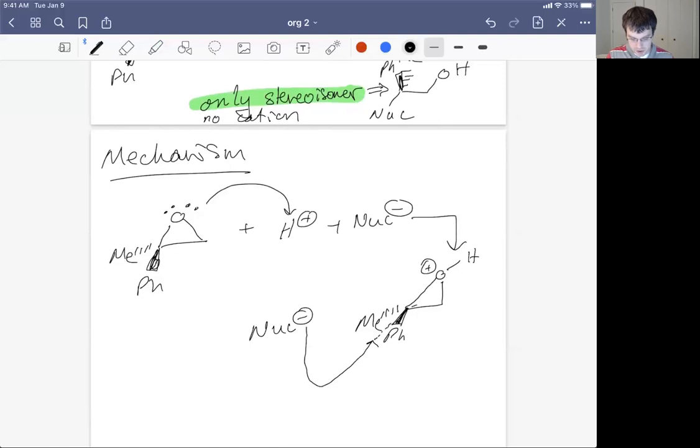So it's going to kind of squeeze in here and push that bond up. Okay, that's sometimes hard to picture. So what I do instead is I go sweeping underneath, and I make sure to always crawl underneath the two groups that are shown as a wedge and a dash, and then I spring the oxygen open.